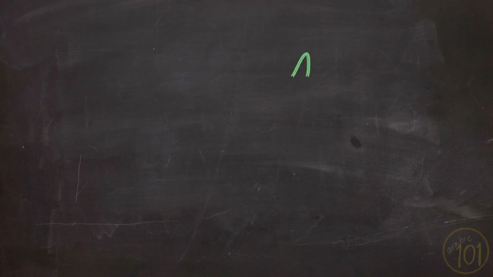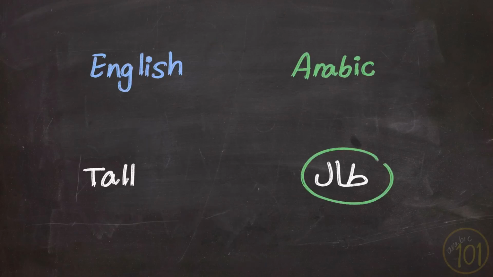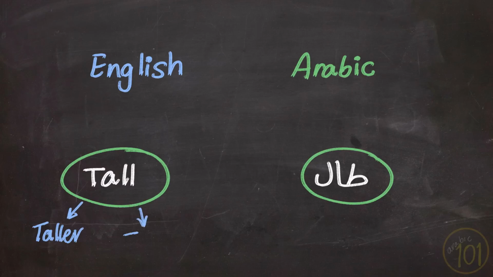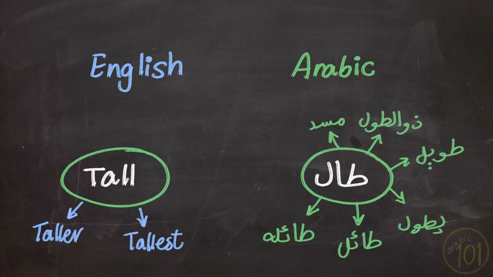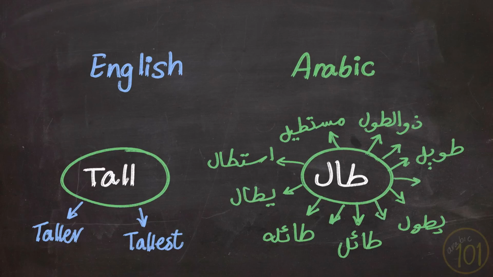So, a quick comparison between the word tala and tall, which are similar in meaning and sound. Tall can be derived into taller, tallest, and that's it. But in Arabic, tala can be derived into yatul, ta'il, ta'ila, tawil, ذو الطول, mustatil, istatala, yutal, and I can keep going.